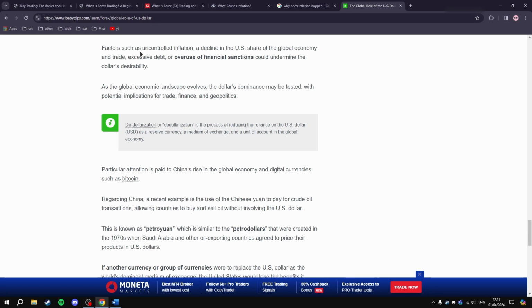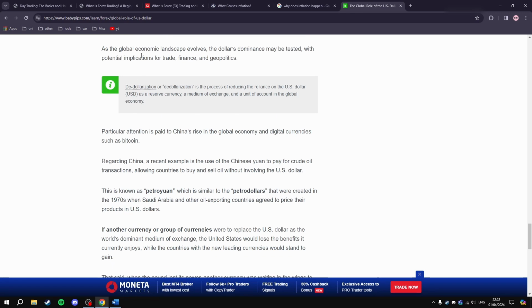Factors such as uncontrollable inflation, a decline in the US share of the global economy and trade, excessive debt, or overuse of financial sanctions could undermine the dollar's desirability. As the global economic landscape evolves, the dollar's dominance may be tested, with potential implications for trade, finance, and geopolitics.